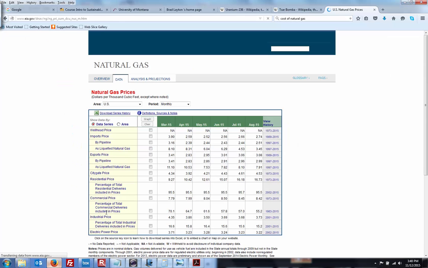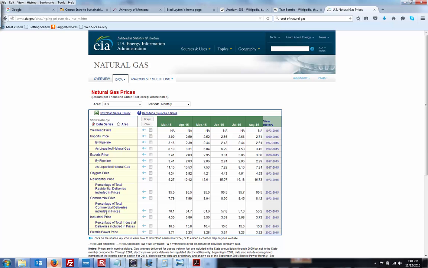Energy Information Administration. Okay. This is dollars per 1,000 cubic feet. So you hop out here. Okay. Now, here's your residential price.